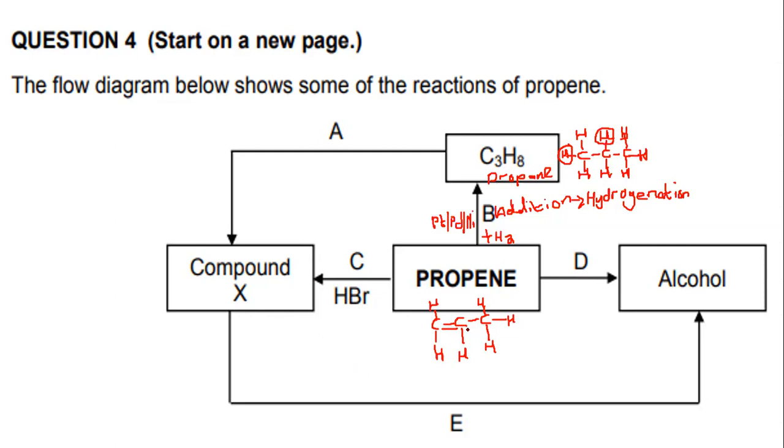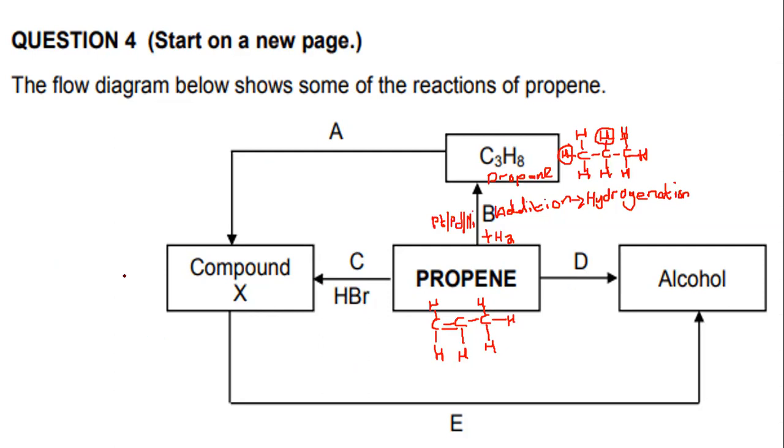Then when propene reacts with HBr, it's definitely a reaction of an alkene. So if an alkene is reacting, we know the type of reaction that it will undergo is definitely addition reaction altogether. So if the type of reaction is addition reaction, then it means the double bond is going to break.